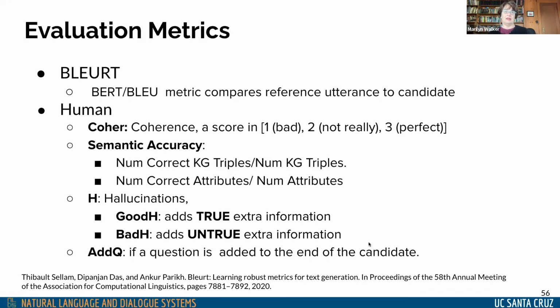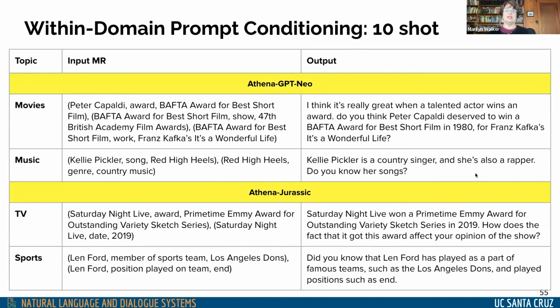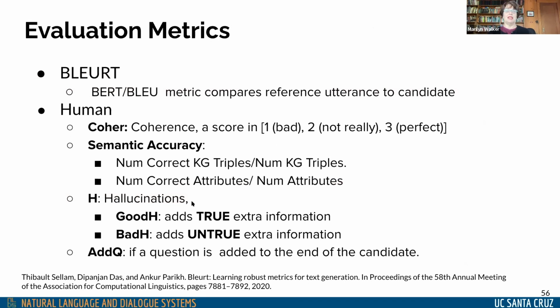And we kept track of hallucinations. A hallucination is something like Kelly Pickler is a rapper, which is not specified in the meaning representation. What this required us to do is actually look up whether Kelly Pickler is a rapper if we didn't already know.